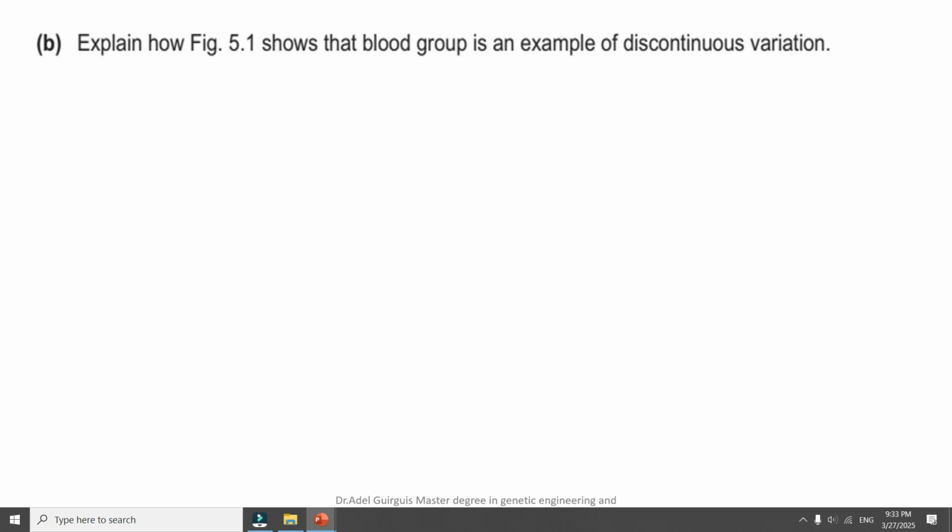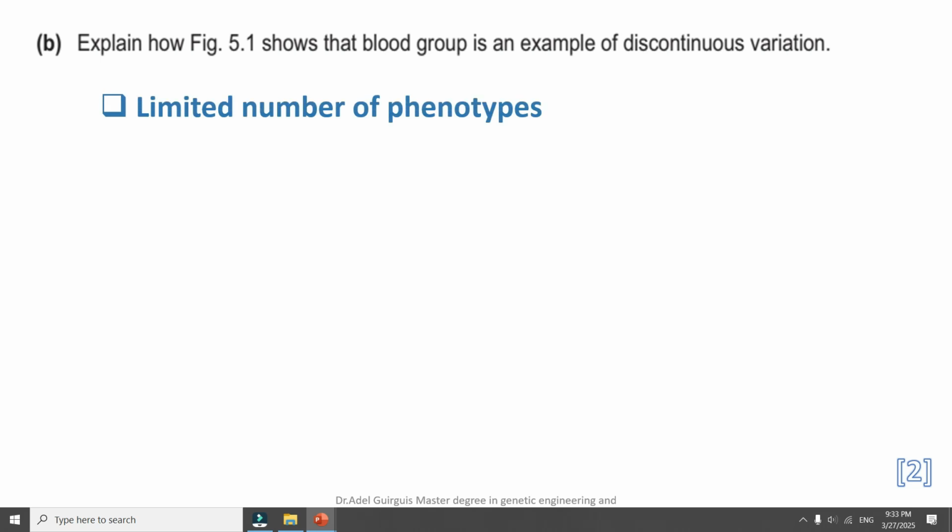Now for letter B: explain how figure 5.1 shows that blood group is an example of discontinuous variation. Discontinuous variation: limited number of phenotypes. All human populations throughout the world belong to either A, B, AB, or O. Okay?